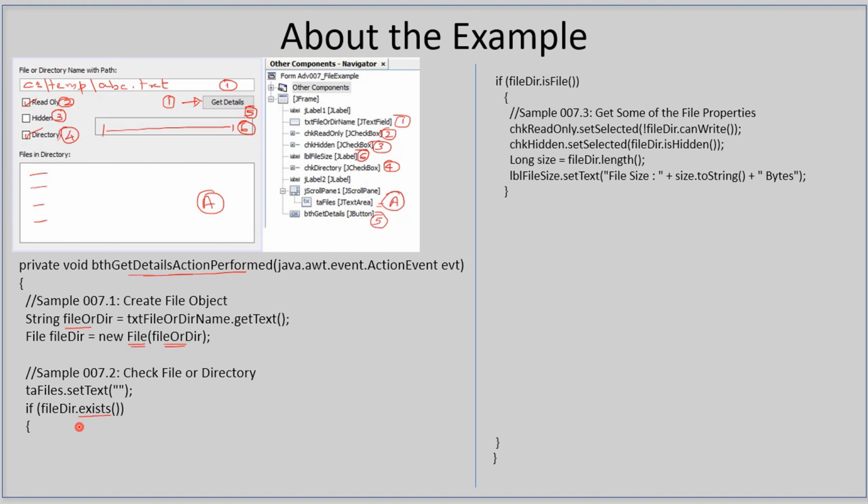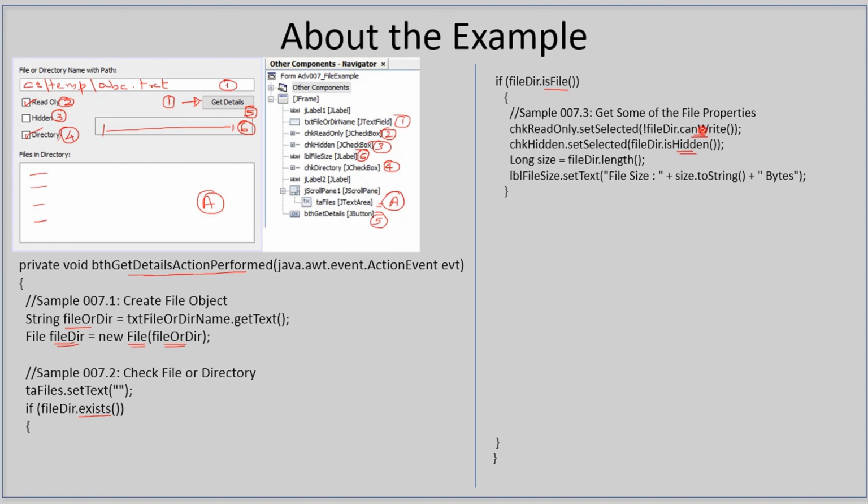So after checking this file or directory exists, we check one more condition, isFile. So if it is a file, then we make use of the function file_dir. File_dir is the one we constructed, the file object here, and we are naming this as file_dir. File_dir canWrite. So this will return boolean true or false based on the attribute.